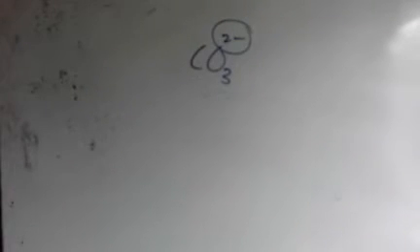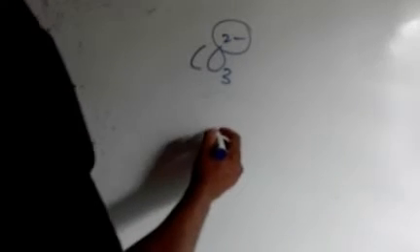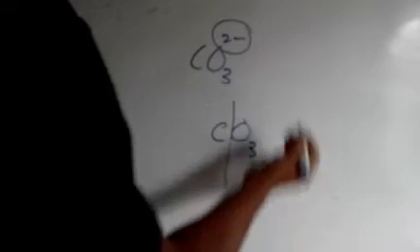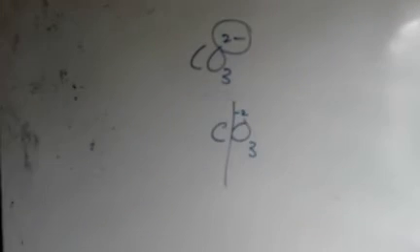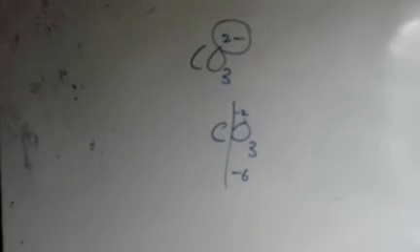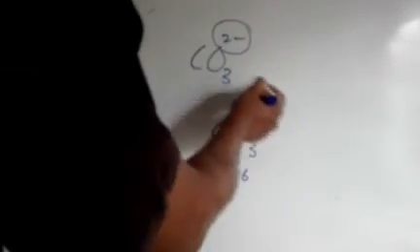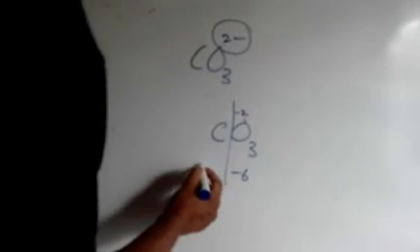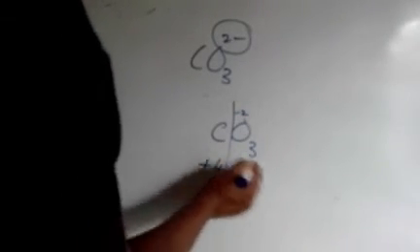If the carbonate ion is considered, the sum of the oxidation numbers is minus 2. This is minus 2. Because of this, minus 6, right? Since the sum of the oxidation numbers should be minus 2, this should be plus 4. Then only you get the answer as minus 2, right?